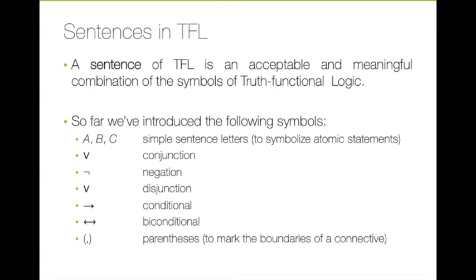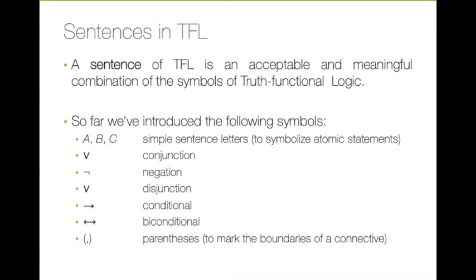All of the sentences of TFL that we use to symbolize sentences of English can be built up from a small set of symbols, all of which should already be familiar. So the ones we've looked at have been simple sentence letters like A, B, and C. Remember, these should be capitalized and italicized.